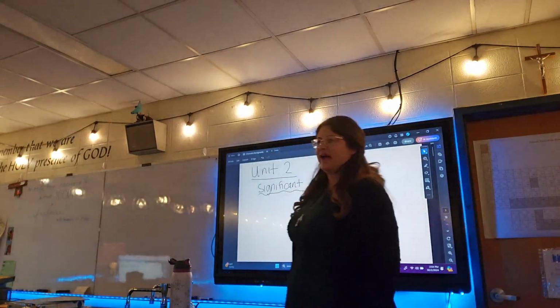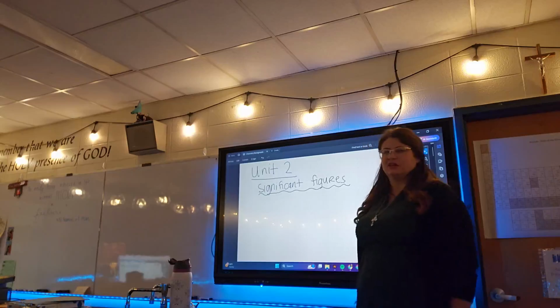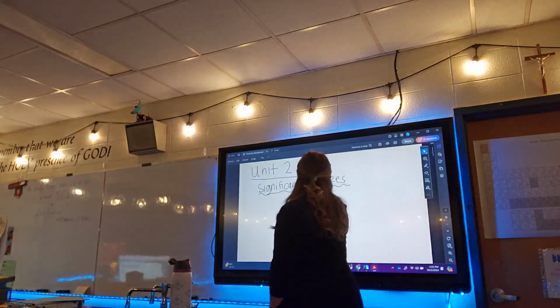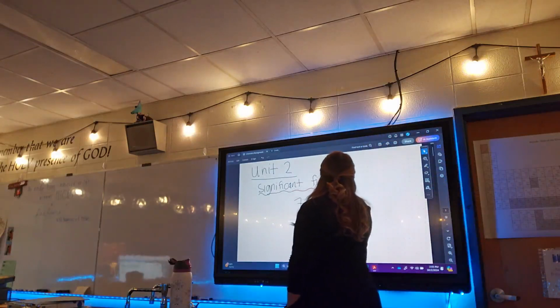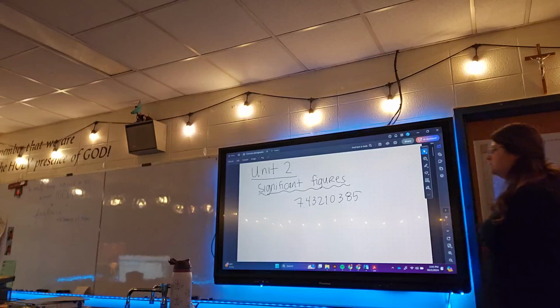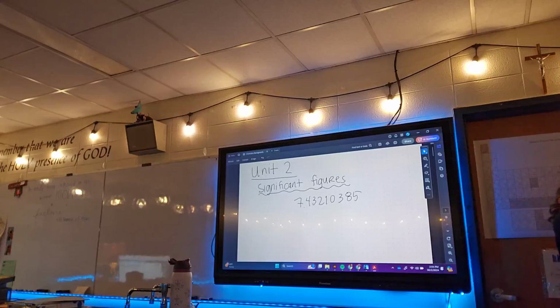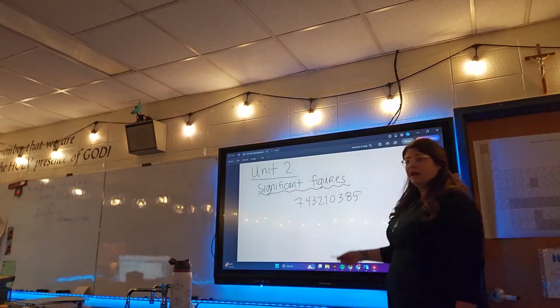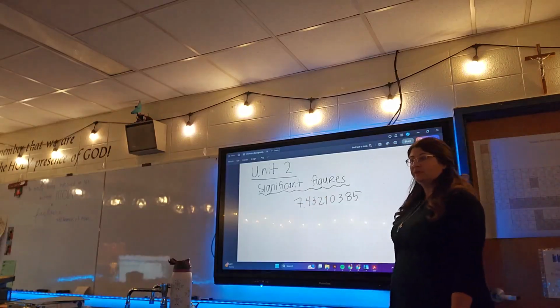When we do mathematical operations on our calculators, a lot of times we get numbers that look like this. And we have to, as scientists, know how much of this exactness is useful and how much of it is not useful.